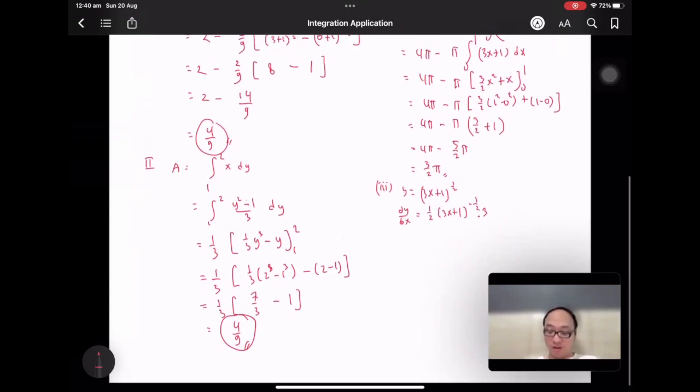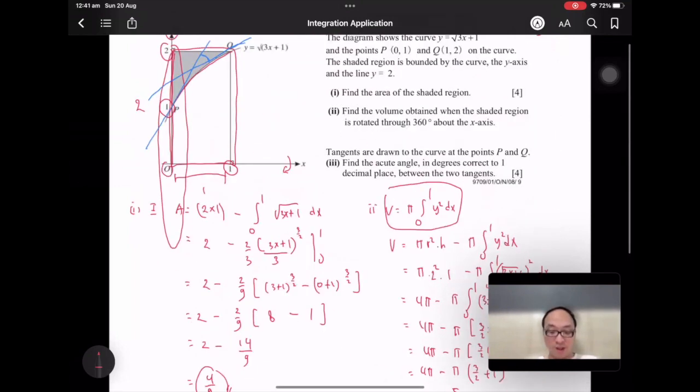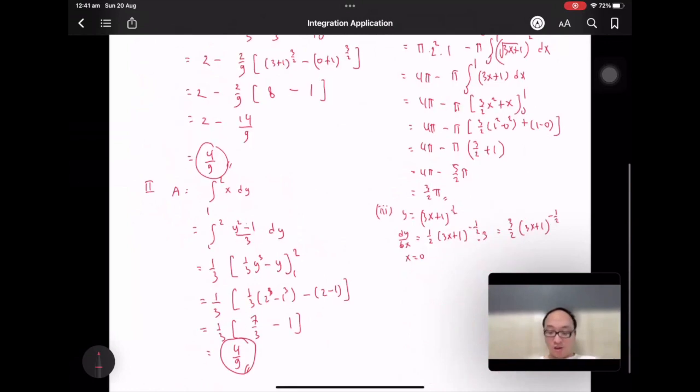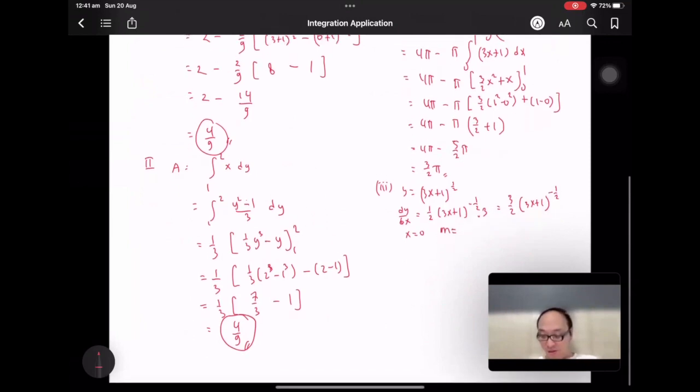So this is equals to 3 over 2, 3x plus 1 to the power of negative 1 over 2. When x equals to 0 at P, the gradient m equals to 3 over 2.